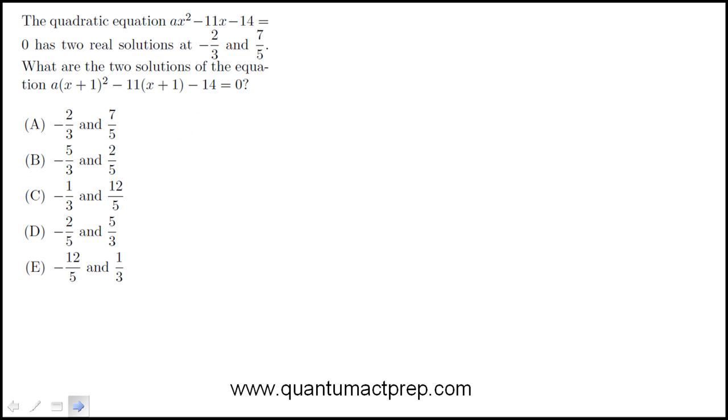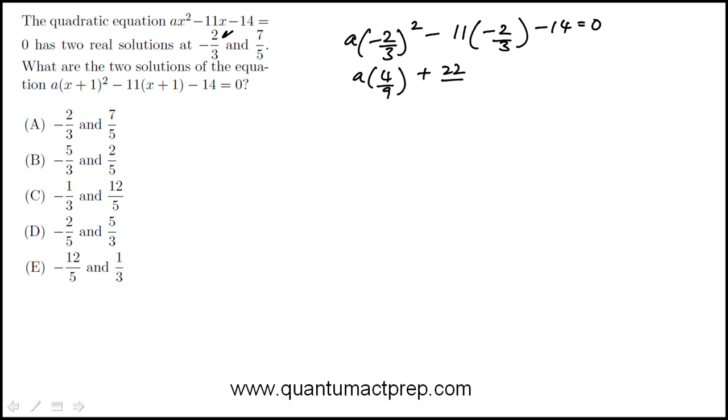If you had to do it the long way, which is not recommended, the way you would do this is you would start by finding what a is. So you replace x with minus 2/3. I haven't done it, but it could become complicated. So this is 4/9. That's 22/3 minus 14.